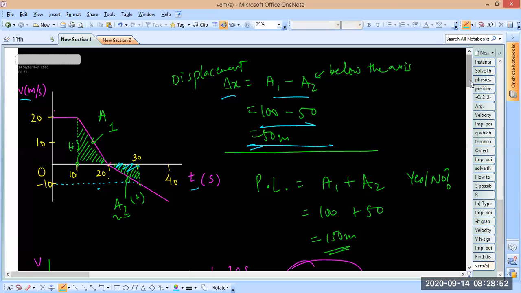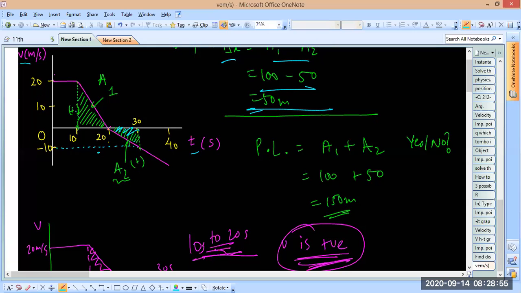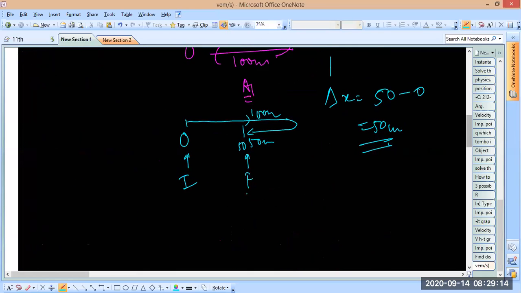In this portion the object moves right side, and from here to here the object moves left side because the velocity is negative, and that's why we consider this as negative when finding displacement. But in path length, 100 meter right side and then 50 meter back is actually 150 meter path length, isn't it? So there you should only add, not subtract.